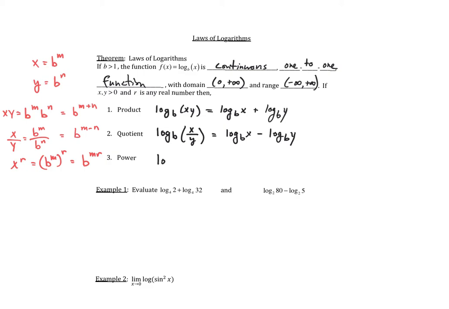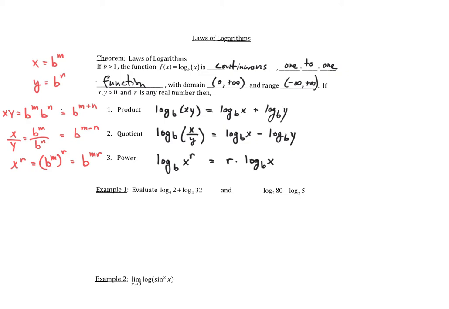Well, if you have log base b of x to the r power, what this really says is you can bring this power down in front and multiply. So that's going to become r times log base b of x. Now remember, this log base b of x was just m. So really we got r times m. Okay, so these are the three laws of logarithms.